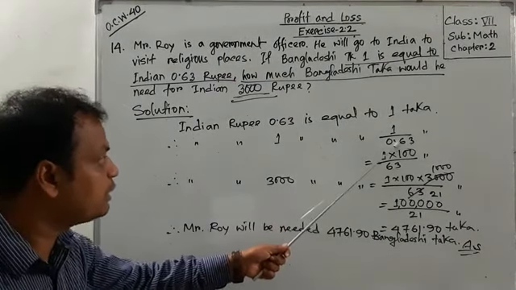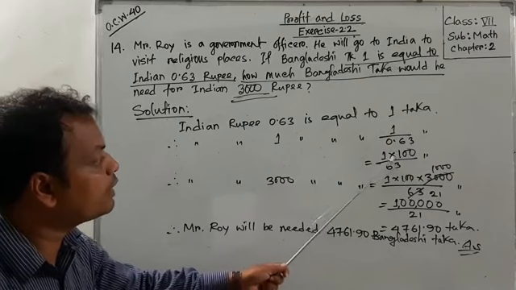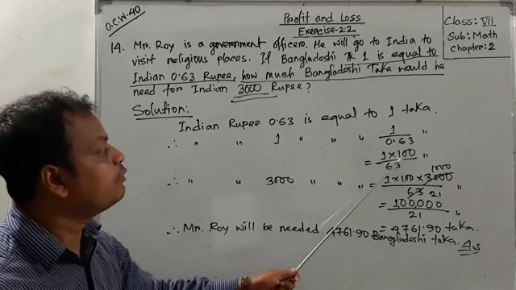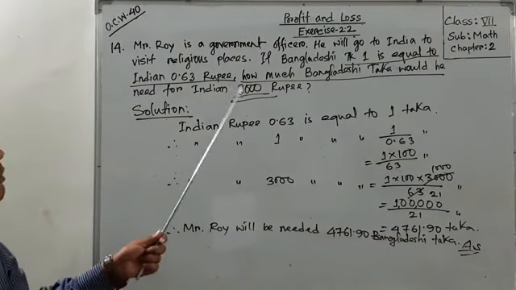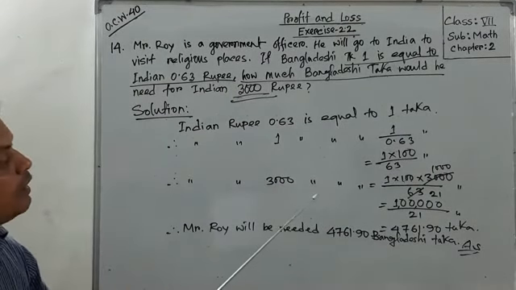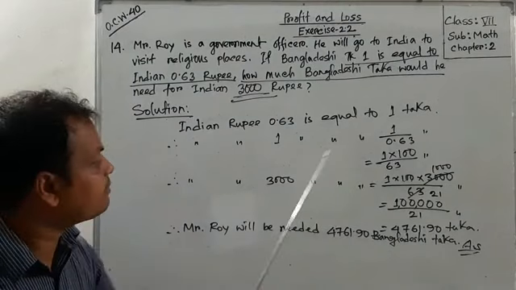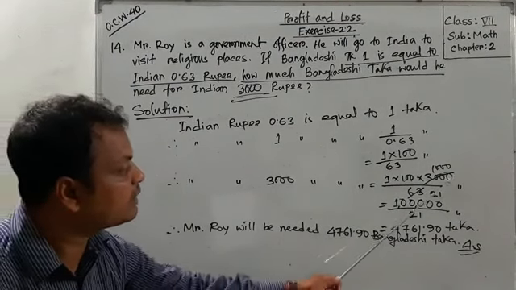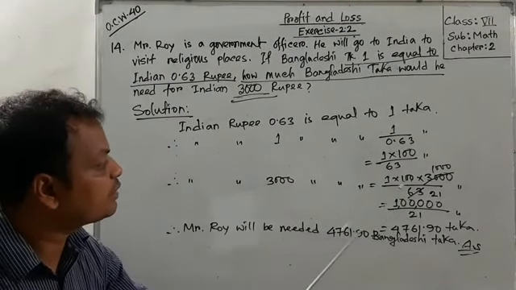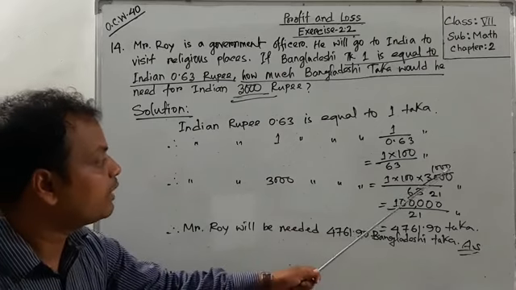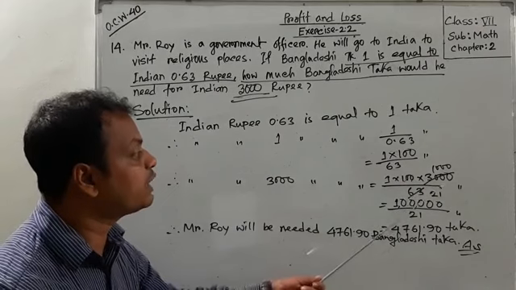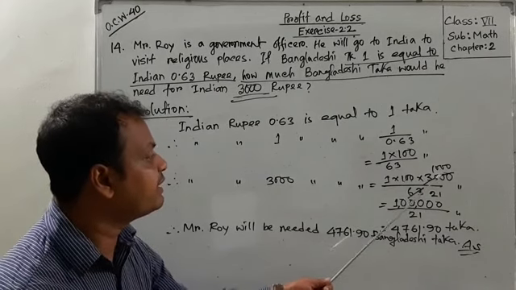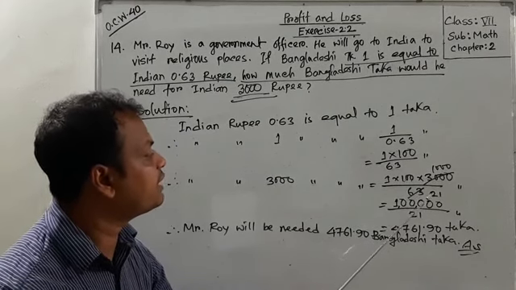We have to divide this one, and by calculating we have got 1 into 100 divided by 63. We have got 100 for the decimal point. Now for getting 3000 rupee, it will be 1 into 100 multiplied by 3000 divided by 63. 3000 and 63 are both divisible by 3. By dividing by 3 we have got 1000 and 21.